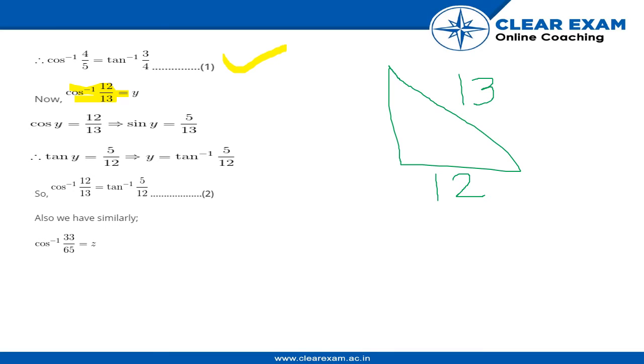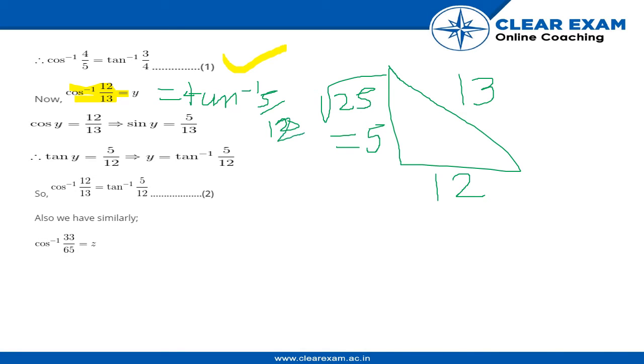That makes the perpendicular root of 169 minus 144, which is root of 25, equal to 5. So we can directly write cos inverse 12 by 13 as tan inverse 5 by 12. The same thing is written over here.